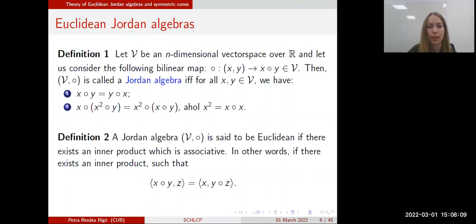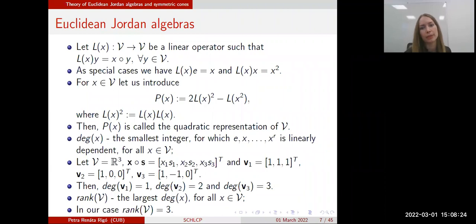And the Jordan algebra is said to be Euclidean if there exists an associative inner product. And throughout this presentation, I will assume that I speak about Euclidean Jordan algebra. So when we see V, I'm speaking about it.